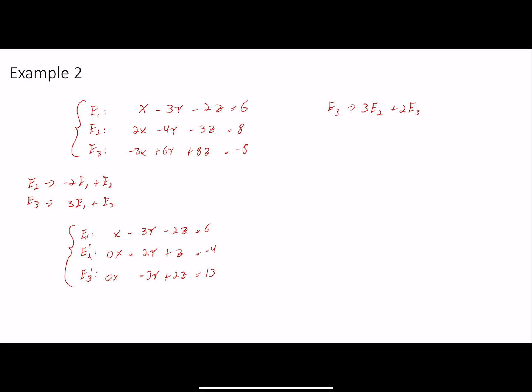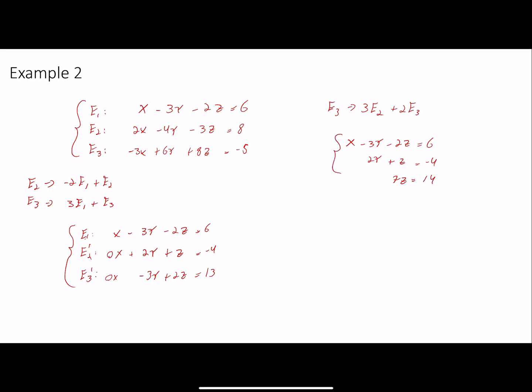We already worked on them. So equation number 1 is still x minus 3y minus 2z equals 6. Equation 2 will remain as before, so it's going to be 2y plus z equals minus 4. And now equation 3, as you'll see, will become 7z equals 14.